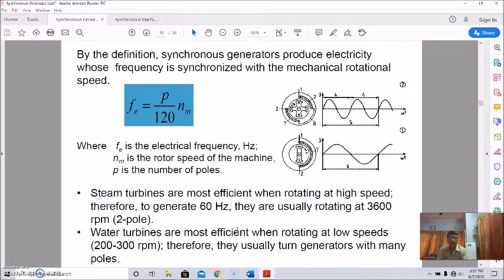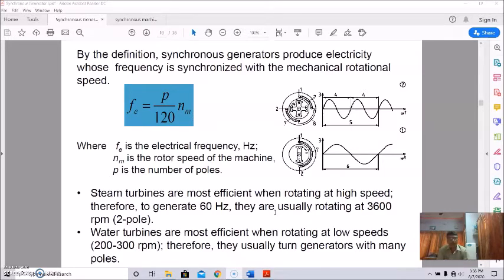And for water turbines, it is at low speeds. So for 60 Hz two-pole machines, the synchronous speed will be 3600 rpm, and for 50 Hz two-pole machines it will be 3000 rpm.